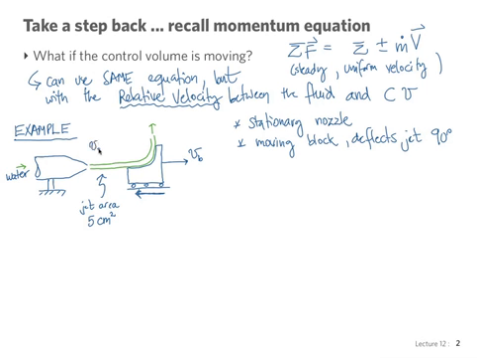The velocity of the jet is going to be equal to 50 meters per second, and the velocity of the block is going to be equal to 25 meters per second. For water, let's consider density equals 1,000 kilograms per cubic meter. And the question is, find the frictional force acting on the block.